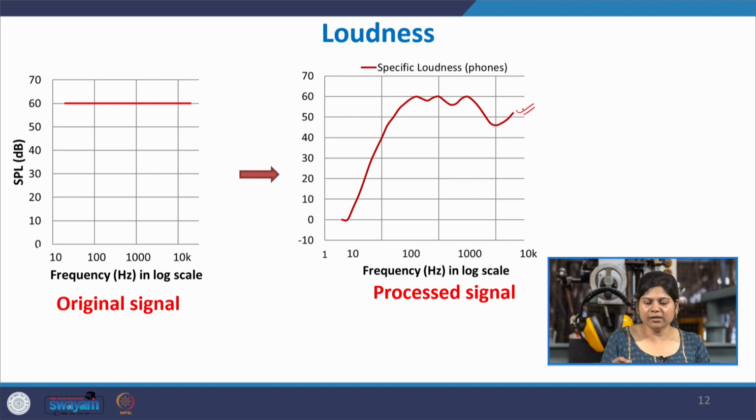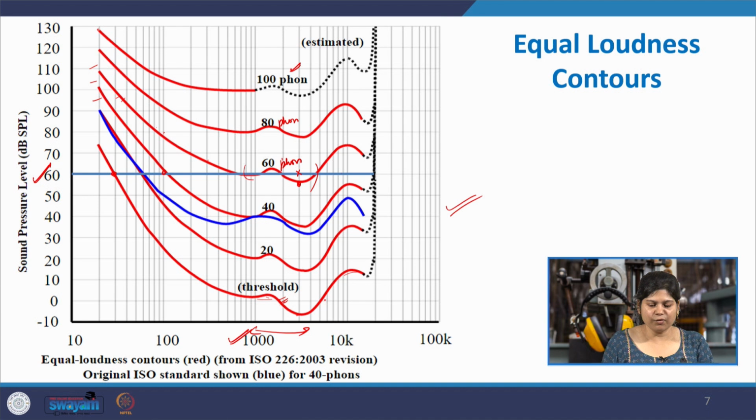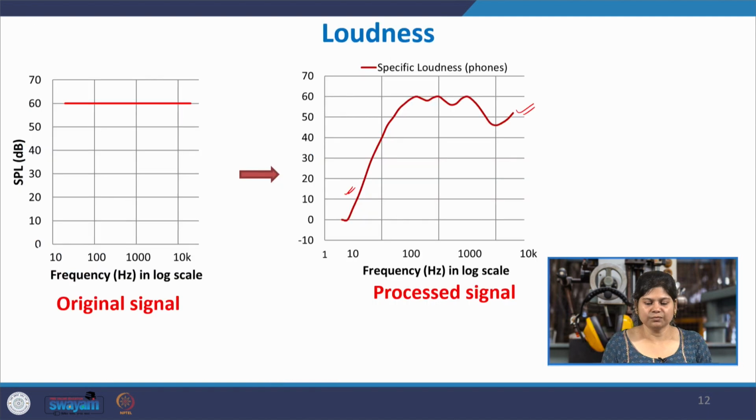If you see this curve, it looks a bit familiar. What is this? This curve is the inverse of the equal loudness contour. That simply means that a 60 dB sound will be barely audible at low frequency.